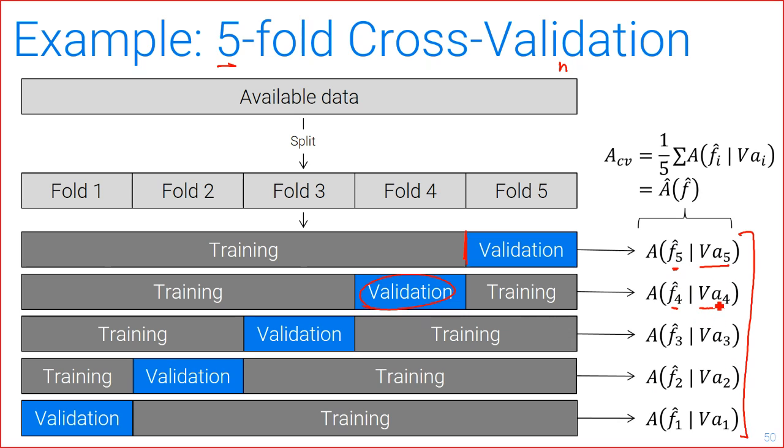We compute the average. And that's going to be the accuracy through cross-validation. And that is going to be an estimation of how well the model behaves in reality over the population. And again, by doing multiple folds, we are going to reduce the variance in this estimation.